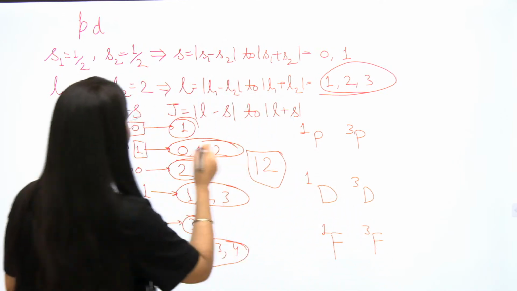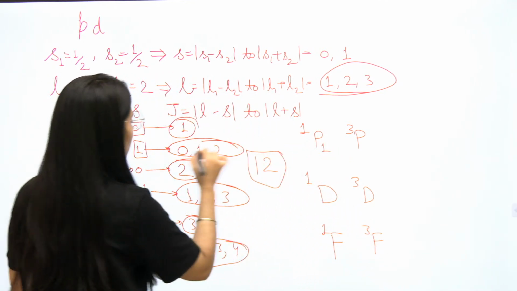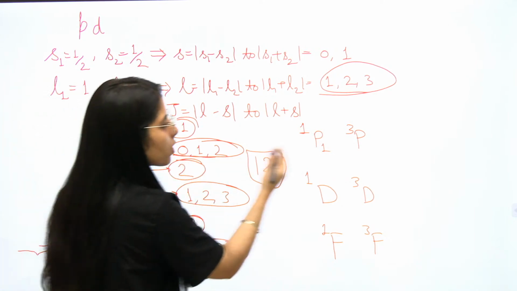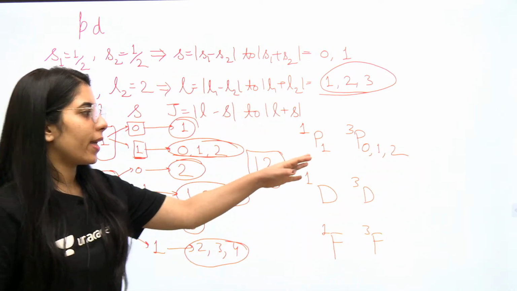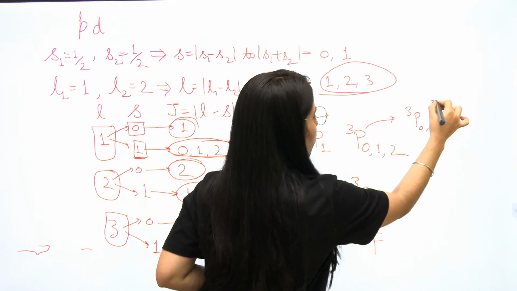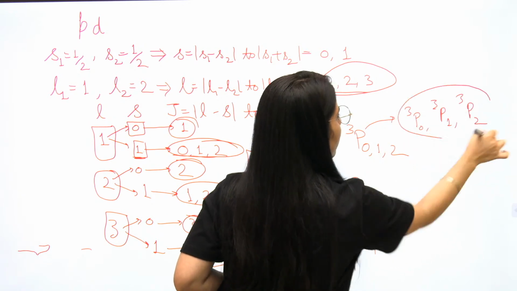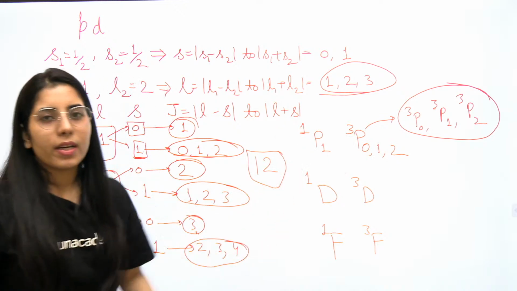Clear? And then corresponding to spin 0, we have got 1 only. So 1P1. Here, corresponding to spin 1, we have got 3 terms: 0, 1, 2. You can write it as 3P0, then 3P1, then 3P2. You can show it in 3 different terms, but you can even write it like this: 3P0, 1 and 2.